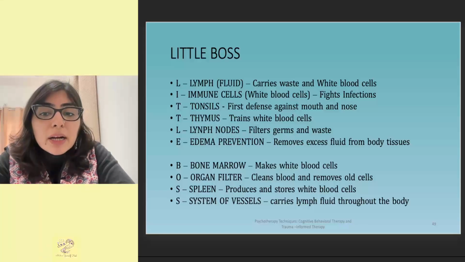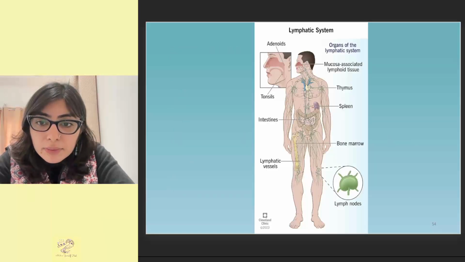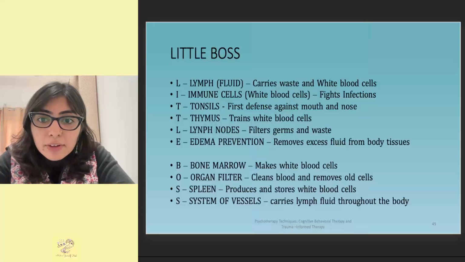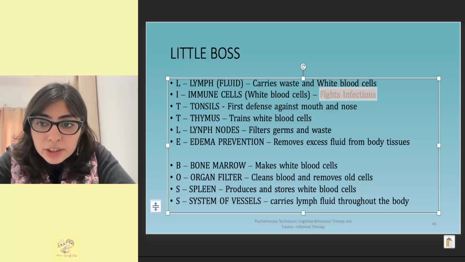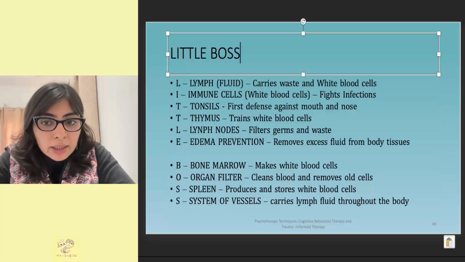Then there is another part called bone marrow. It again makes white blood cells. We saw bone marrow here. This long part creates white blood cells, and white blood cells further fight infections. Okay. Organ filter, again, is cleaning the blood and removing the old cells.